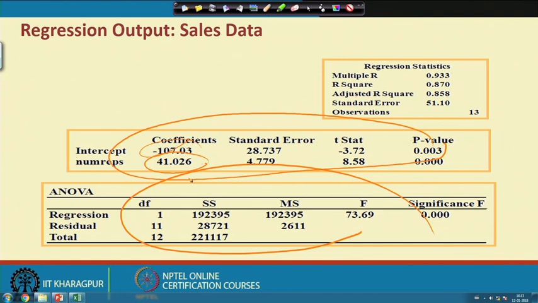That means, as per our theoretical expectation, once the number of market representatives goes up, by default the sales of that particular organization will go up. So, there is a positive association between these two, and the sample data is also validating the theoretical expectations.